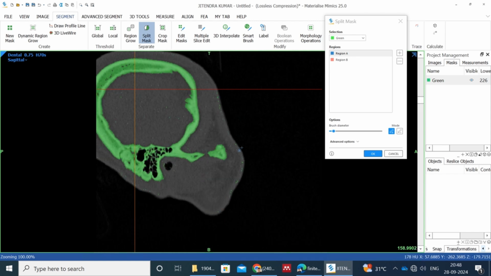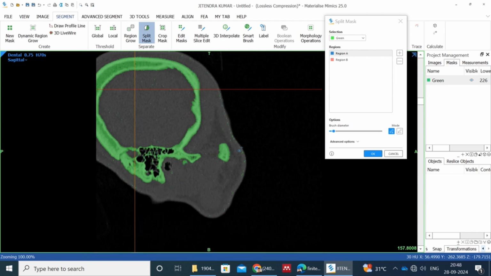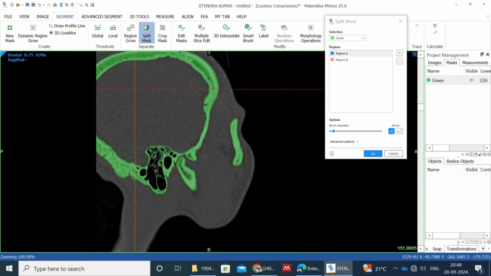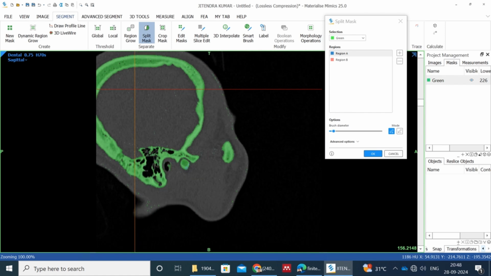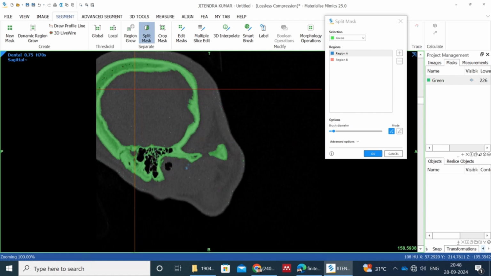We need to locate the first image where the mandible is starting. You can see this is the mandible. This is the condyle of the mandible, and it is starting from this image. You can see this little portion.